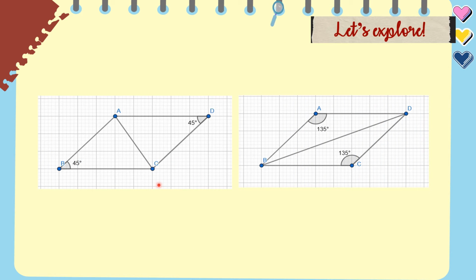And the last condition that guarantees that a quadrilateral is a parallelogram. If we have the quadrilateral ABCD and we have the diagonal AC, we can see that there are two triangles here, triangle ABC and triangle ACD.